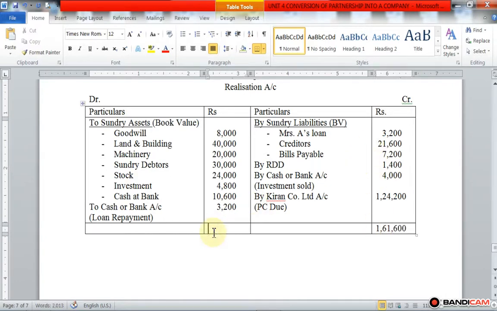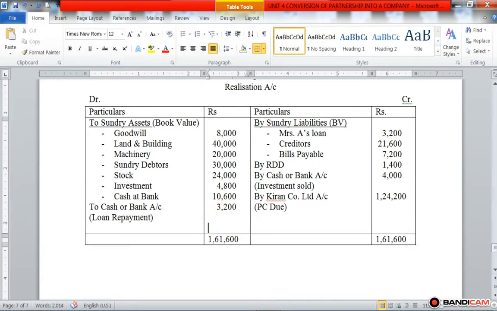Put this total on the debit side, 1,61,600, and find the difference, and that difference is net profit.